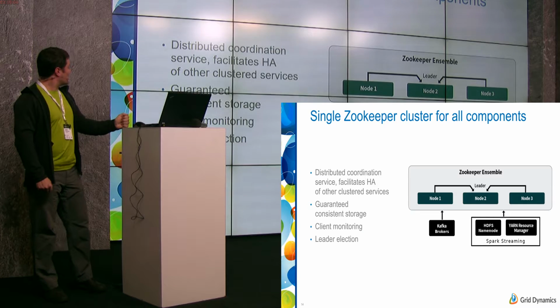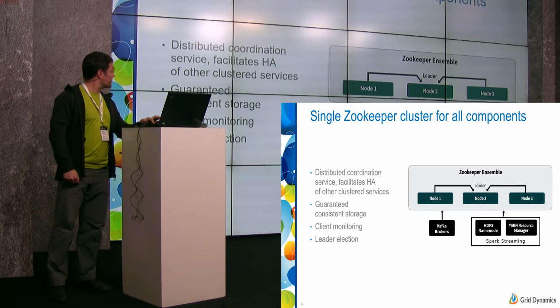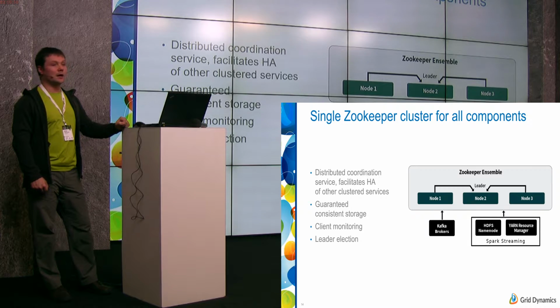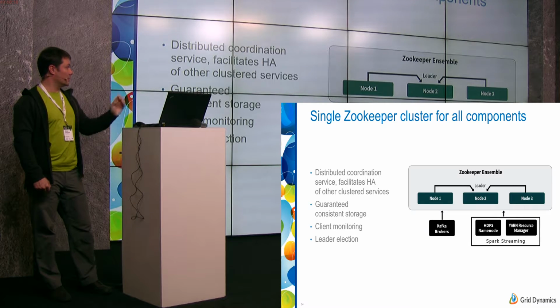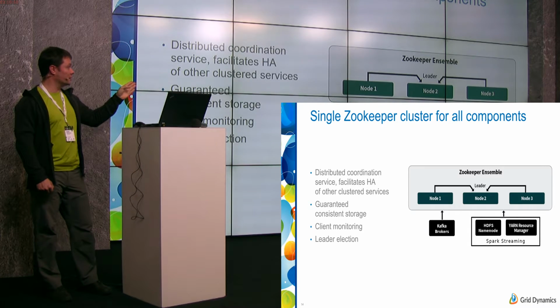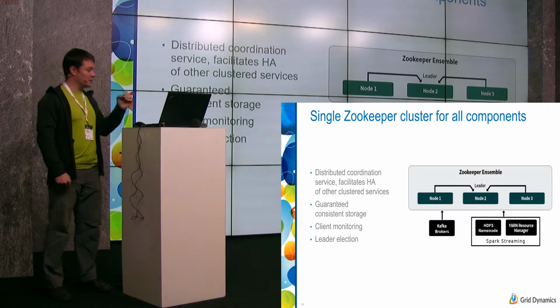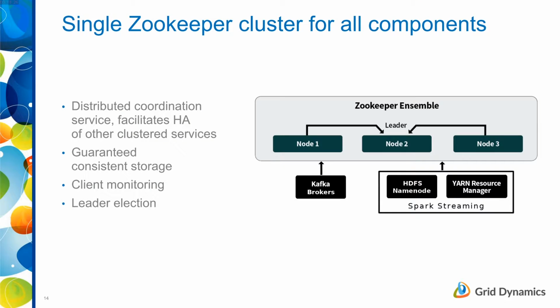It selects another module that fills in for the one that died. Then the architecture has some components that use Zookeeper to increase their reliability: Hadoop, Kafka, and the resource manager, to increase their protection against failures.